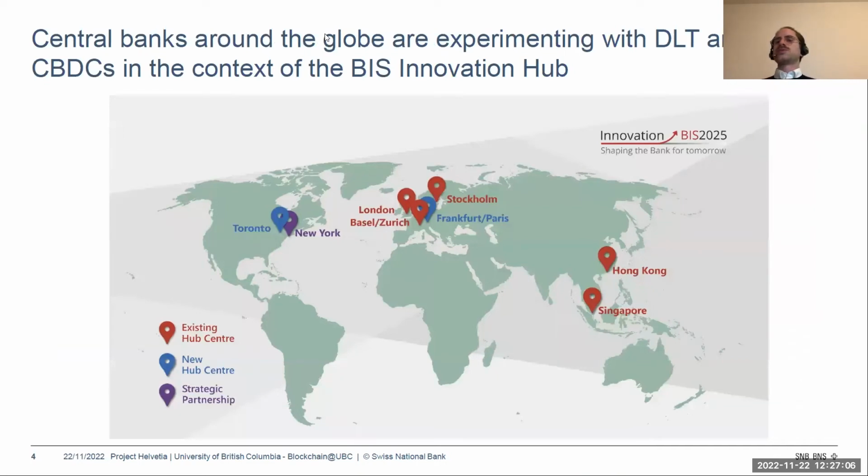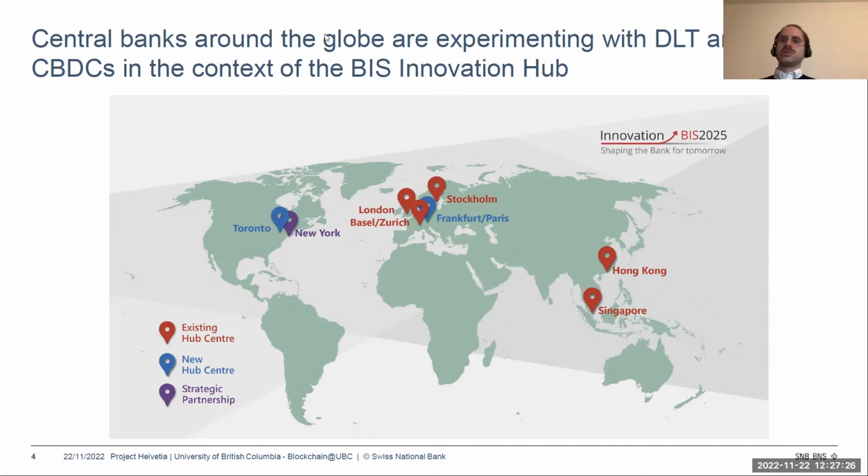So in 2019, we teamed up with the BIS when the BIS established its BIS Innovation Hub. The Bank for International Settlements is sometimes called the Central Bank of Central Banks. By now, they have 5 live centers all around the globe.